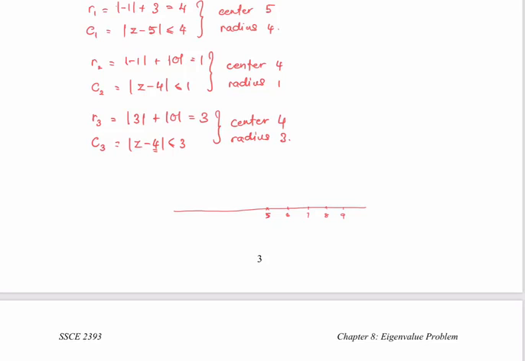So on the left, meaning that if we draw or sketch the circle, we will have a big circle with radius 4.